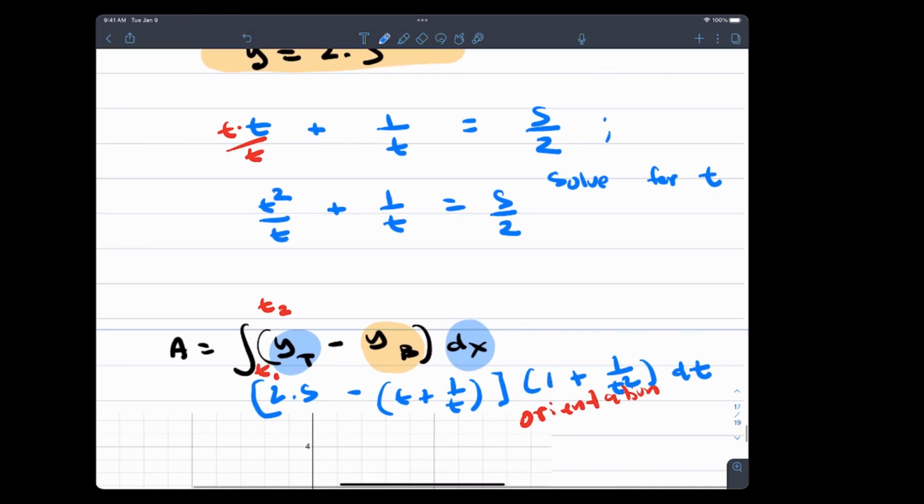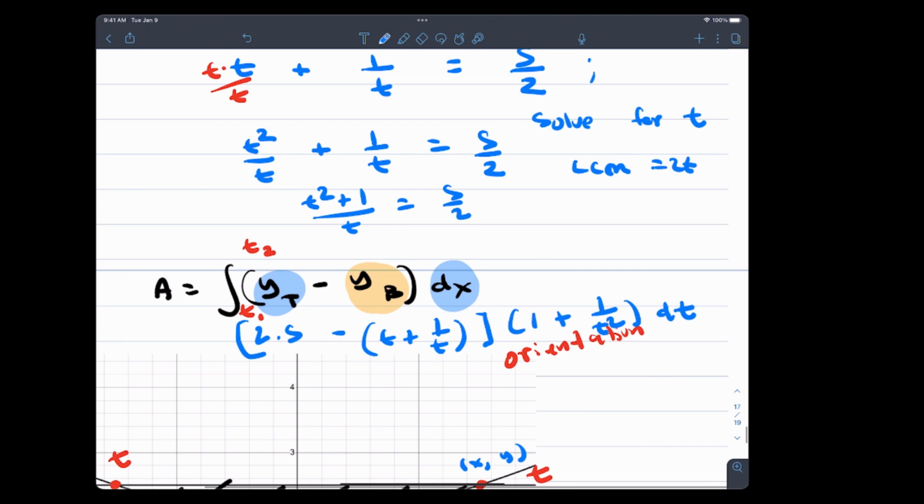And you can multiply both sides now by the LCM of 2t. So you might say, what does that do? Well, you can do a couple things. T squared plus 1 over t is 5 halves. Let's solve this here because we're going to try to find the t values.